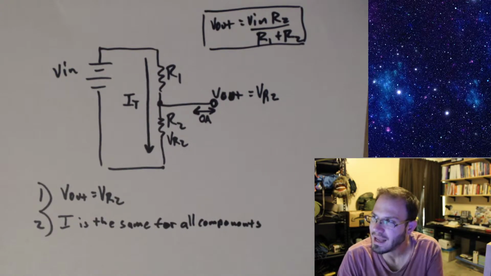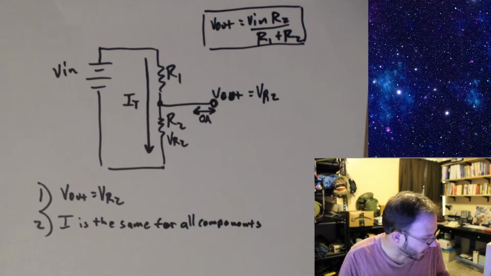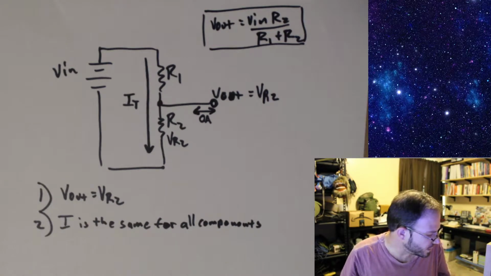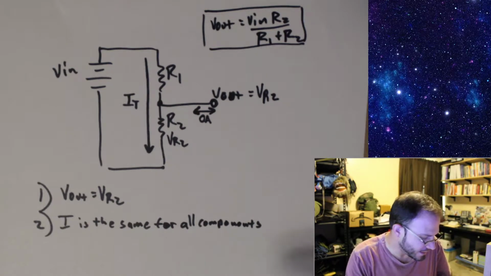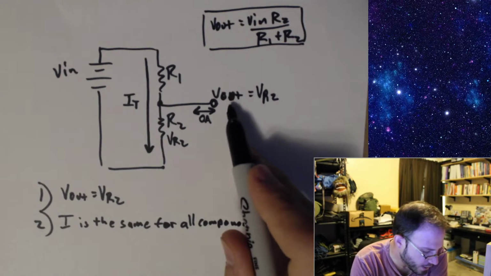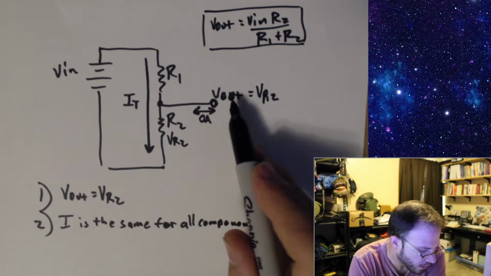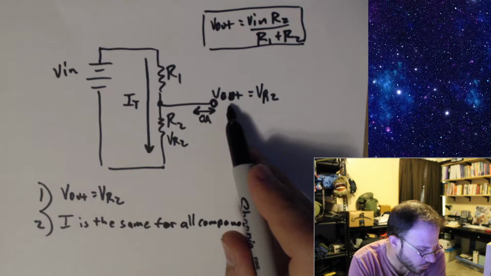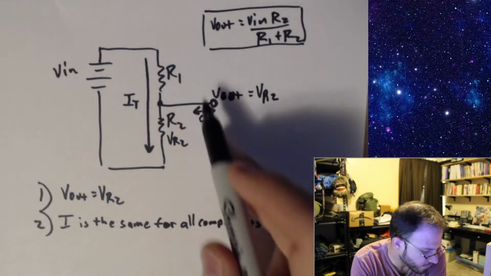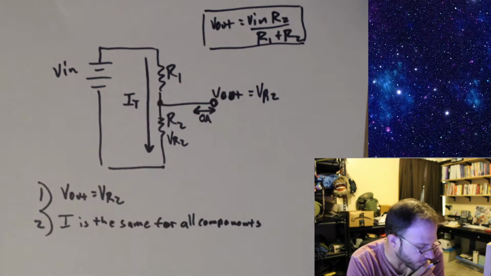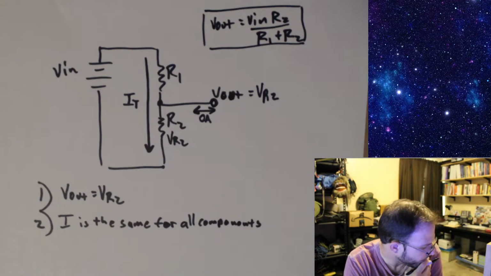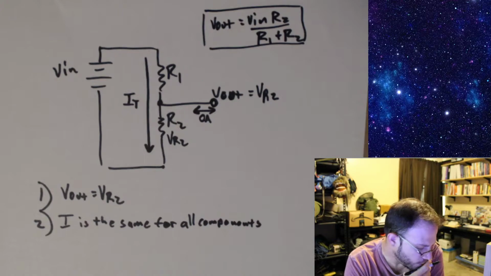Okay, so that gets us pretty well set up. Now, at this point, I'm trying to write an equation for V out in terms of R1, R2, and V in. That is my goal here. So can I go ahead and use Ohm's law at this point?